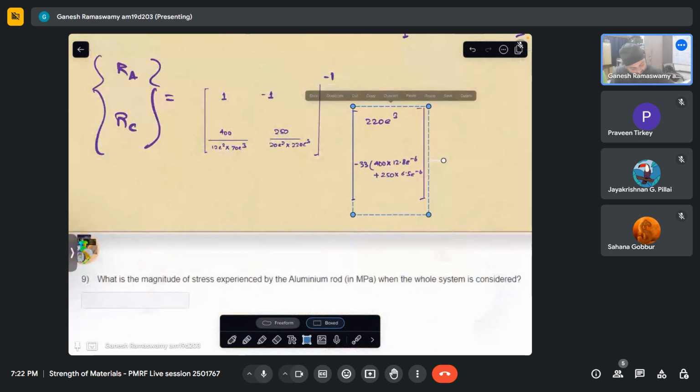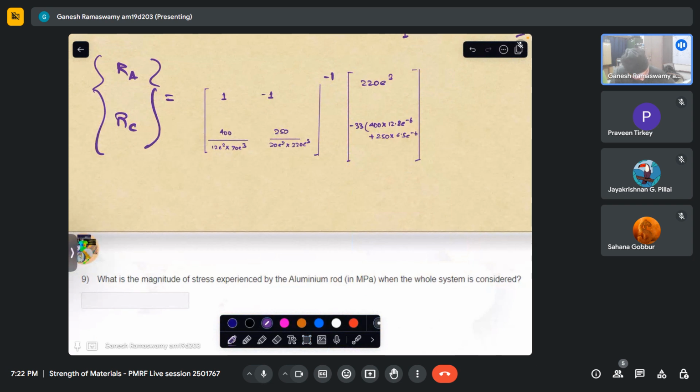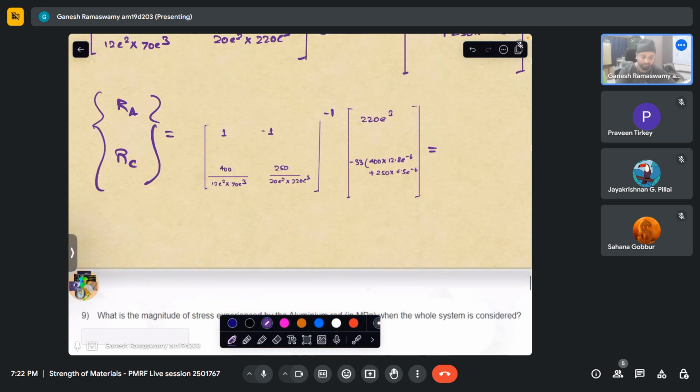So what does this come out to be? 400 divided by 12E2 into 70E3, and 250 divided by 20E2 into 220E3.